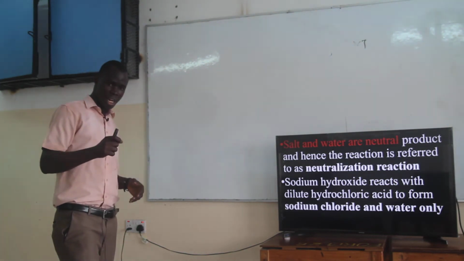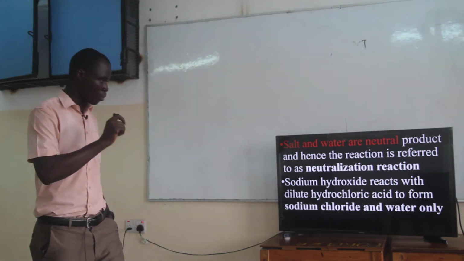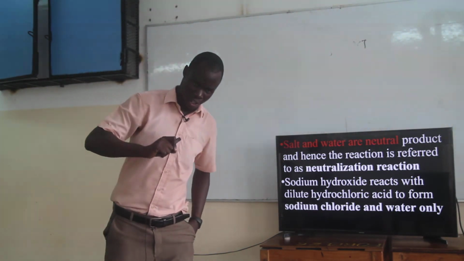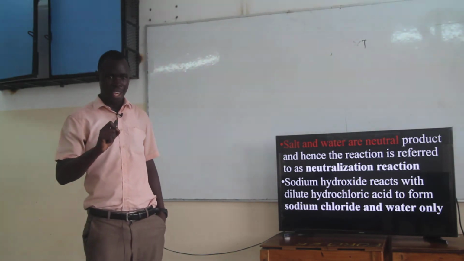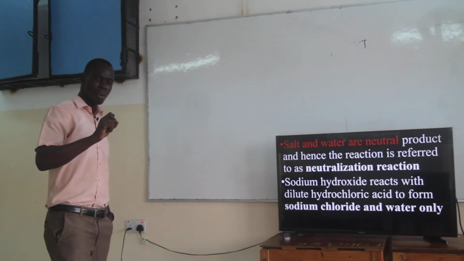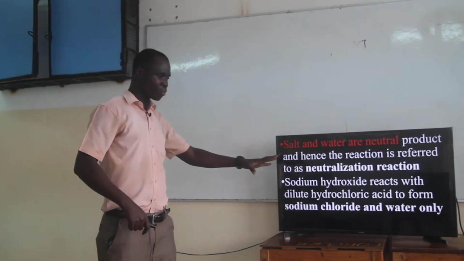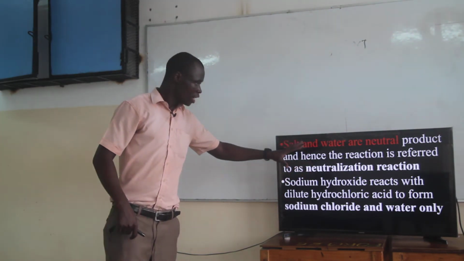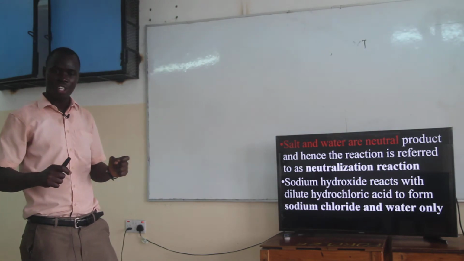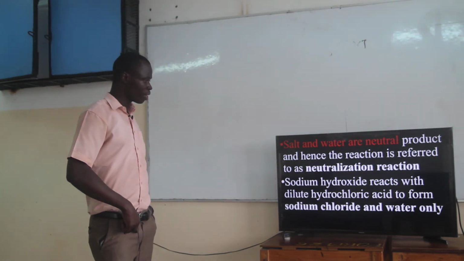In this kind of reaction, salt and water are neutral products. In other words, they are not going to have any effect on what we call litmus paper or the indicators. Therefore, since salt and water are neutral, this kind of reaction is called a neutralization reaction.